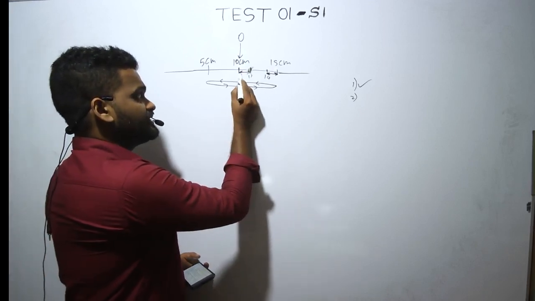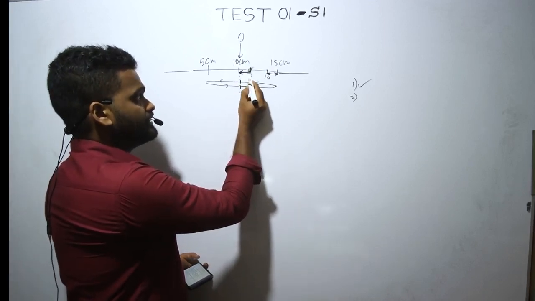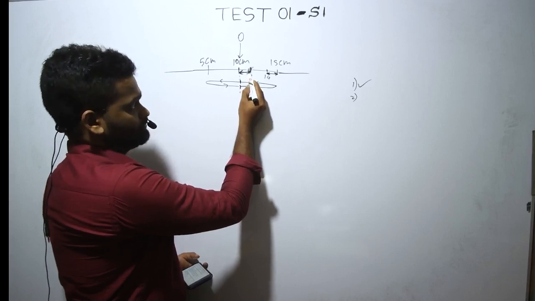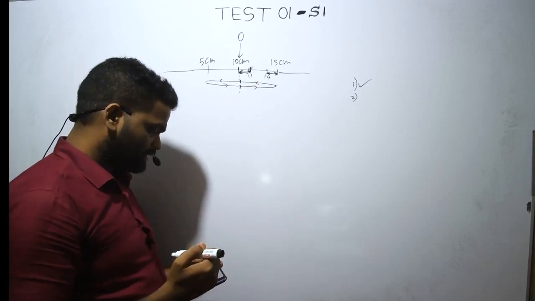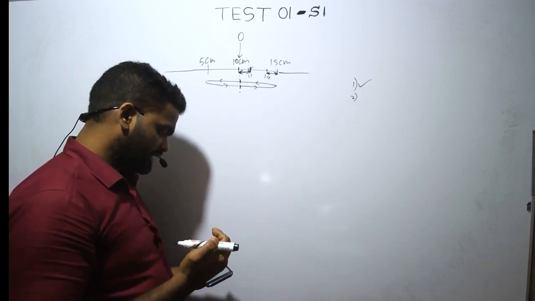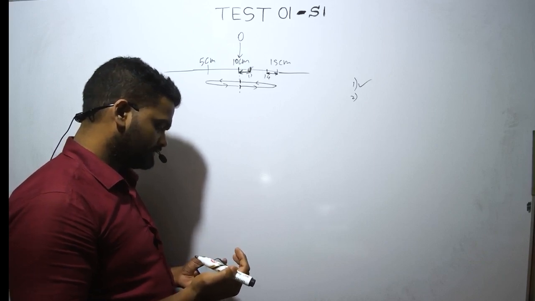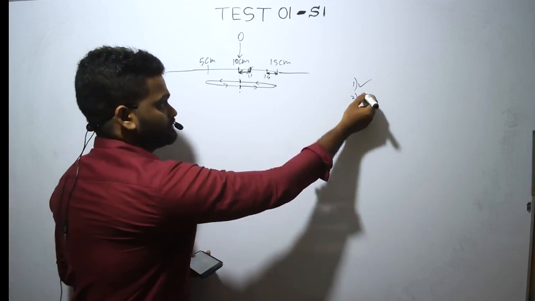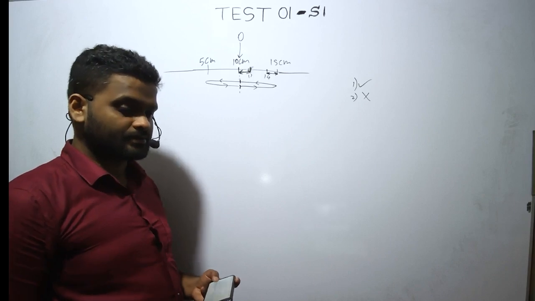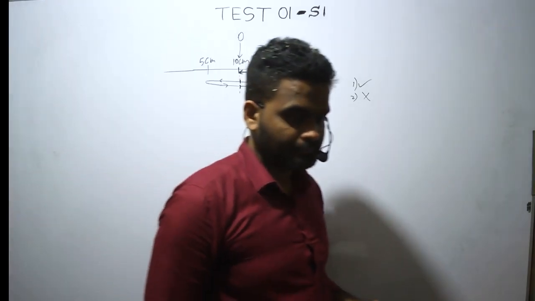So within this region, it has higher average speed, so the time is low. But it says higher. So the incorrect one is the second one. So that's the answer.